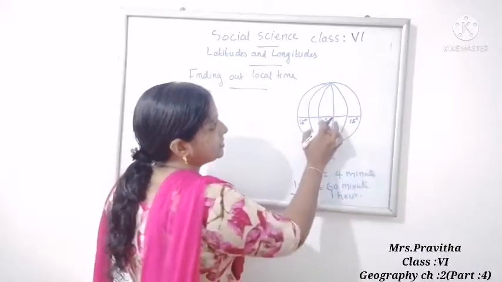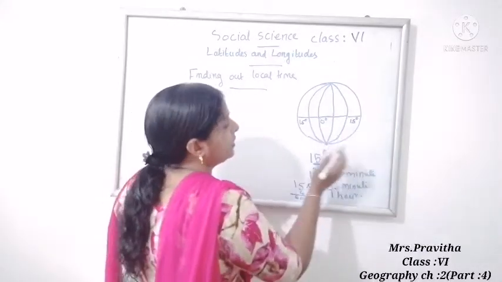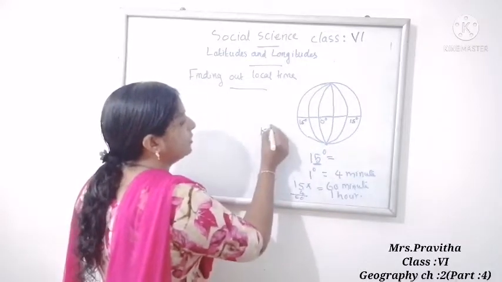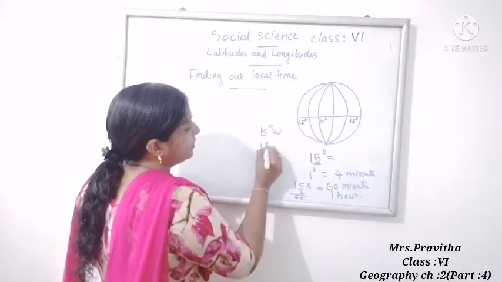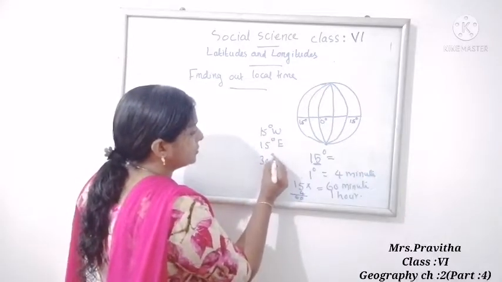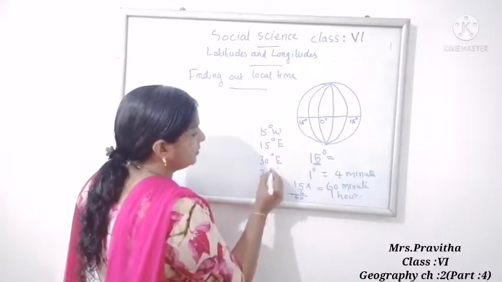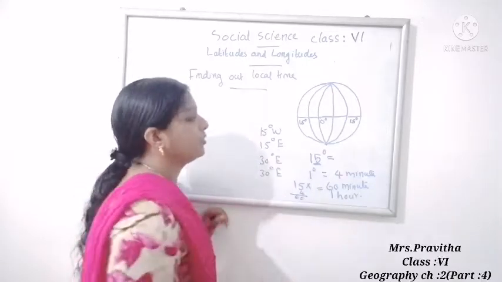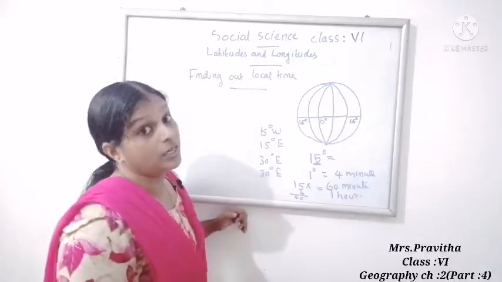Just imagine this is 0 degree, here 15 degree, here 15 degree. So we can say 15 degree west longitude, 15 degree east longitude, or 30 degree east, 30 degree west. In this way we can write longitude in degrees.